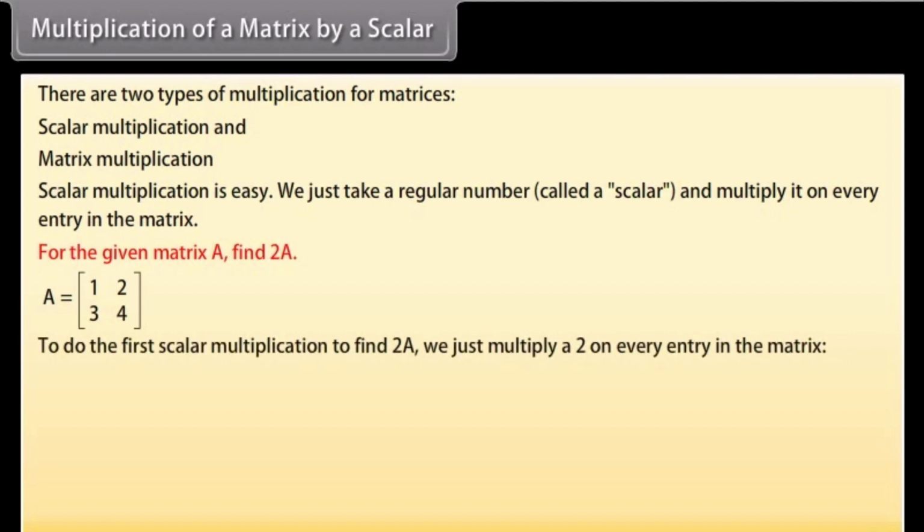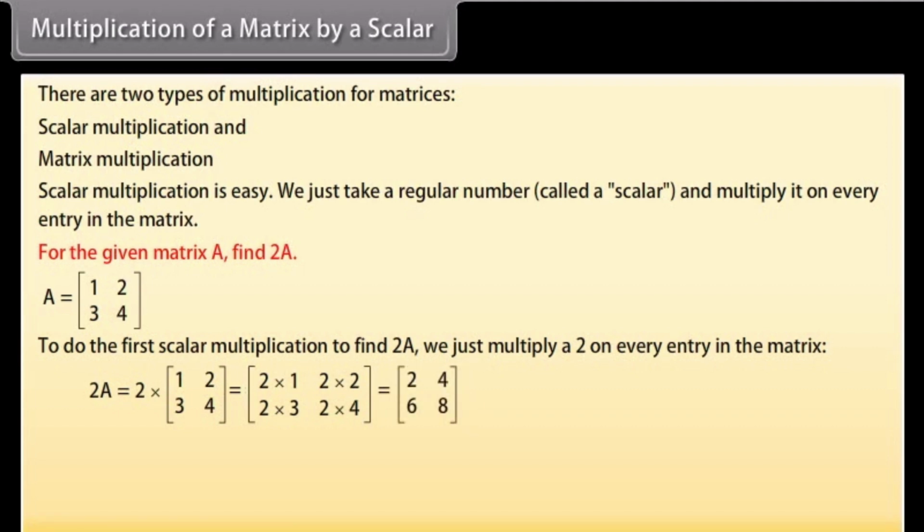To do the first scalar multiplication to find 2A, we just multiply a 2 on every entry in the matrix. 2A is equal to 2 times the matrix with first row 1, 2 and second row 3, 4, which is equal to the matrix with first row 2 times 1, 2 times 2 and second row 2 times 3, 2 times 4, which is equal to the matrix with first row 2, 4 and second row 6, 8.